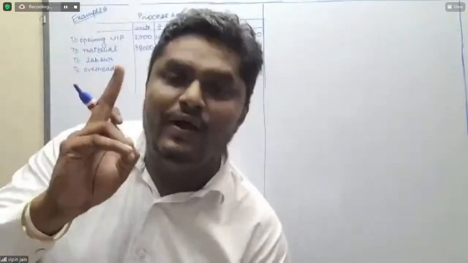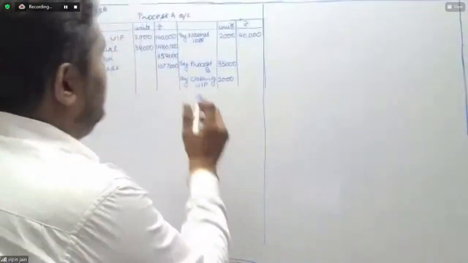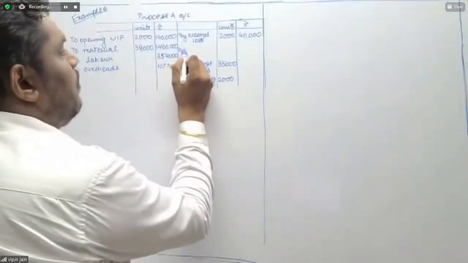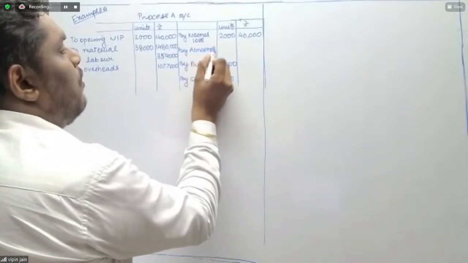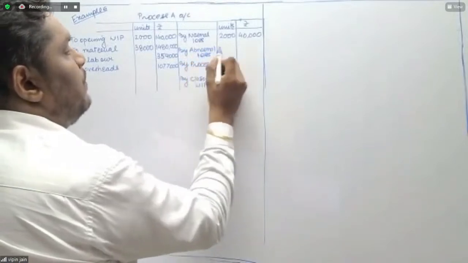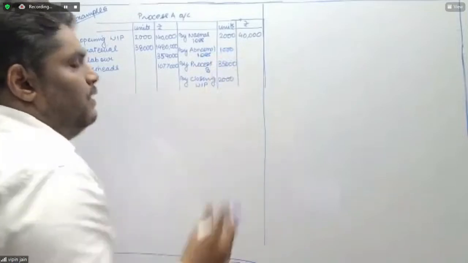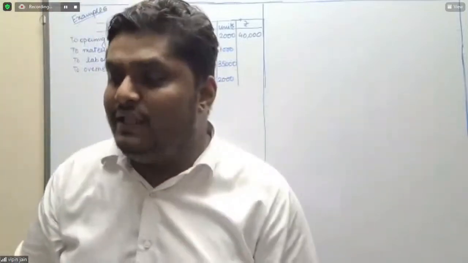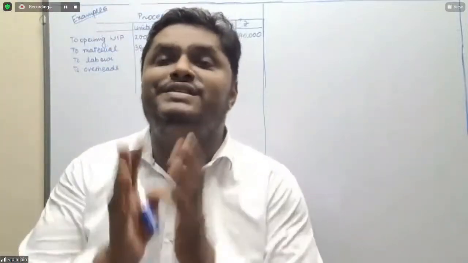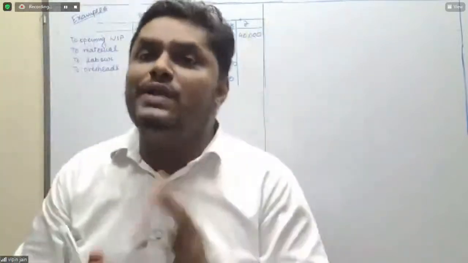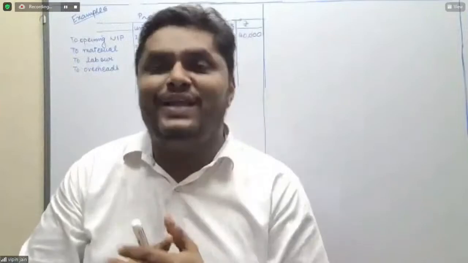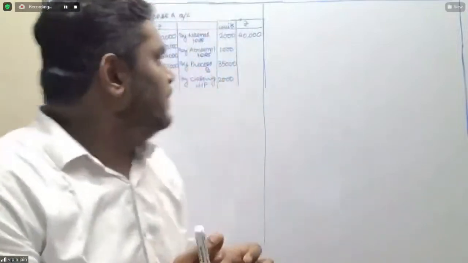So still 1,000 units are left out, and that will be abnormal loss. That is 1,000. Further instructions are given in the question that total number of units that are scrapped are 3,000. So out of that 3,000, 2,000 is the normal loss and 1,000 is the abnormal loss.